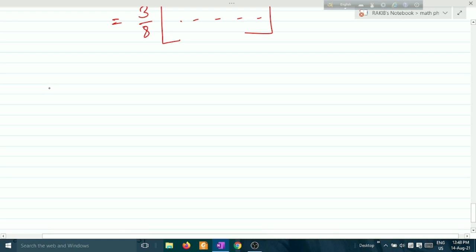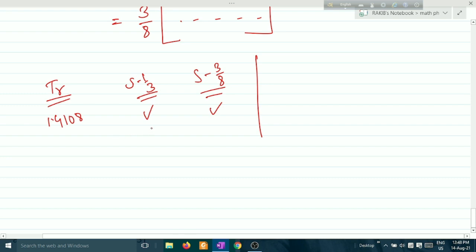In case of trapezoidal rule you have something like 1.4108. In case of Simpson's 1/3 rule you have some result, and in case of Simpson's 3 by 8 you also have some result.